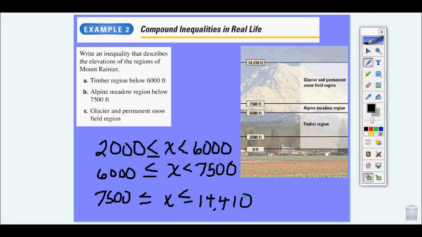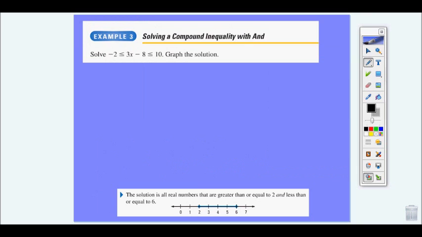But again, all of these regions happen between 2, so they are and statements. Things to notice on the and statements, your variable is going to be in the middle. When you go to shade this, it will connect the 2 points, and all of the inequality symbols are going in the same direction.